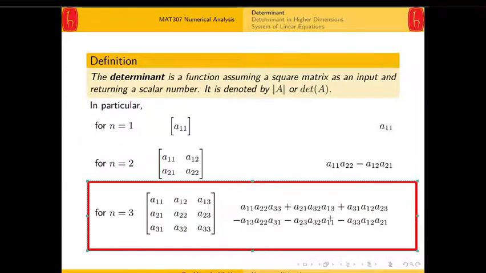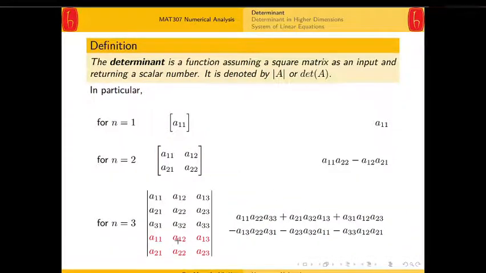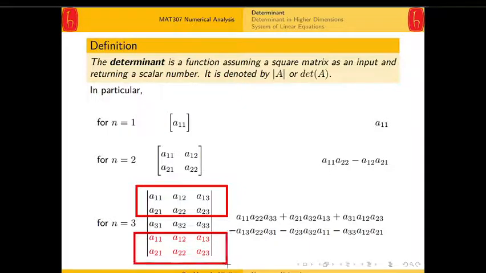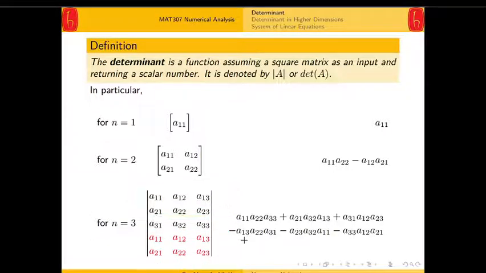So to see this better and memorize better, we basically add the first two rows below the matrix itself, okay, and this is identical to the first two rows. It's a copy, okay, and then we start again drawing diagonal lines like this one.